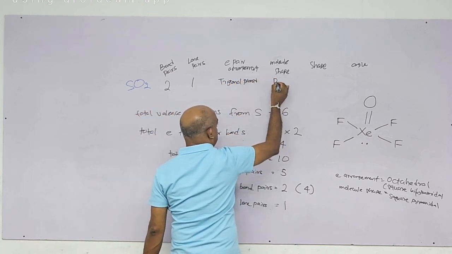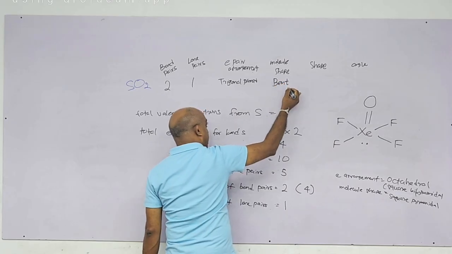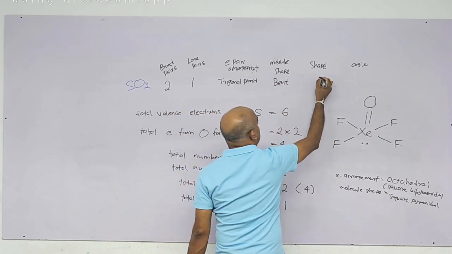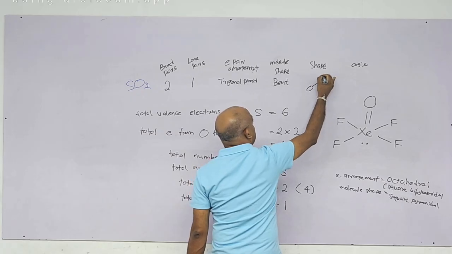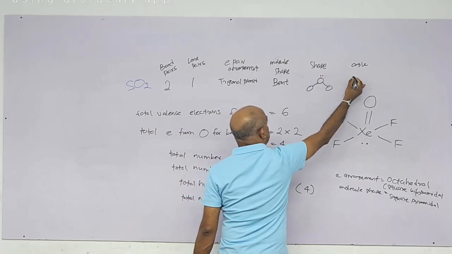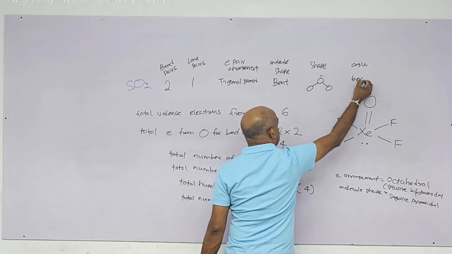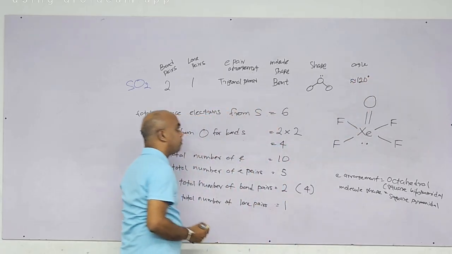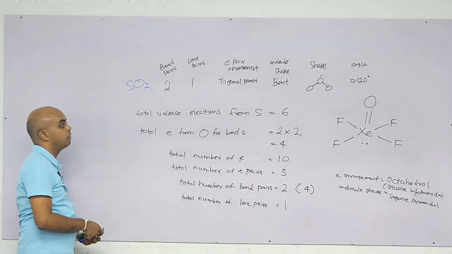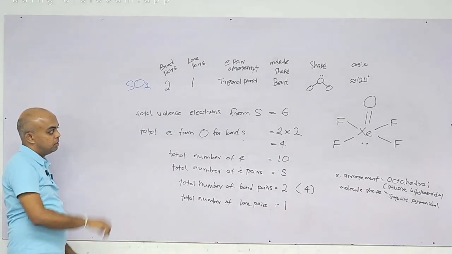Molecule shape is bent. So the shape we draw like this. One lone pair here. So the angle is around 120 degrees.